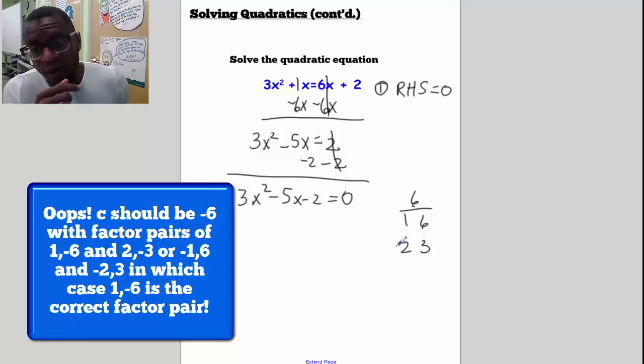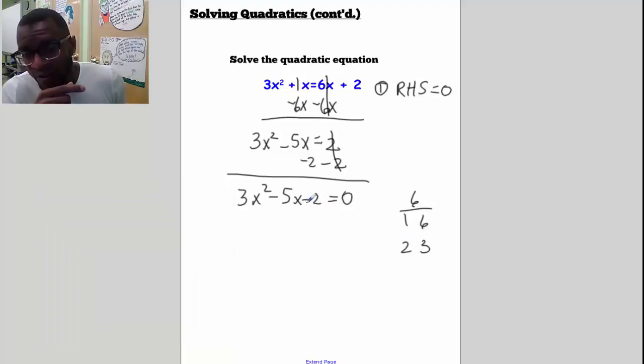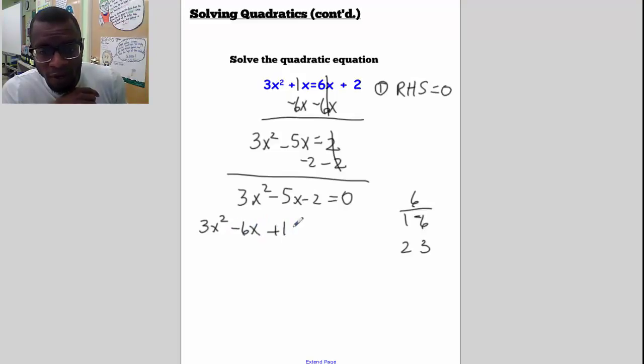If I use negative 2 and negative 3, then my c should be positive, which it is not. Here it's negative, so we're going to use negative 6 and 1. I'm going to replace that in my equation, so I have 3x squared minus 6x plus 1x minus 2 equal to 0.